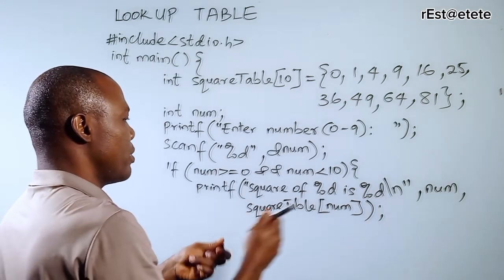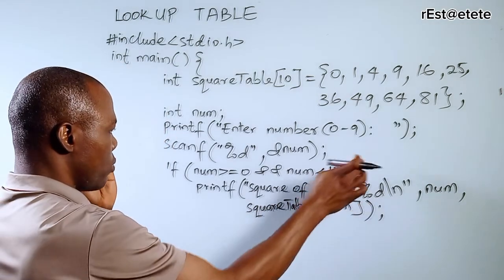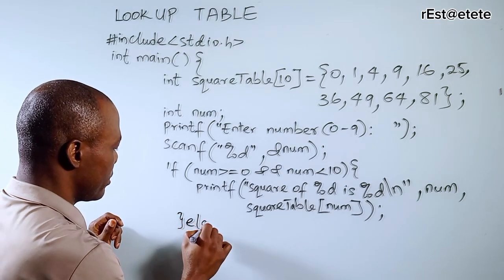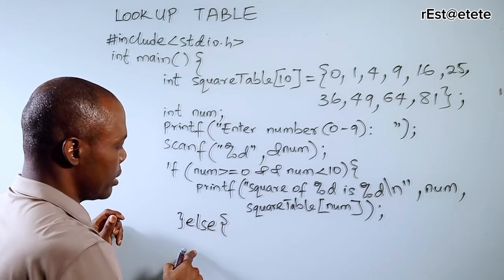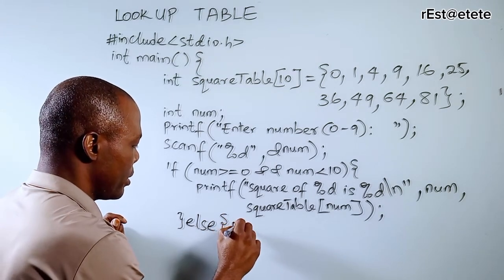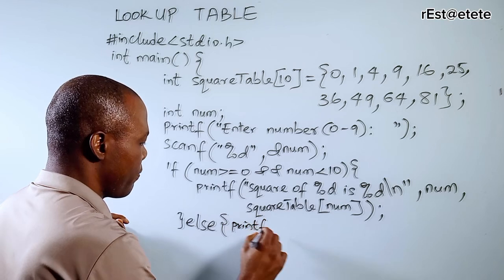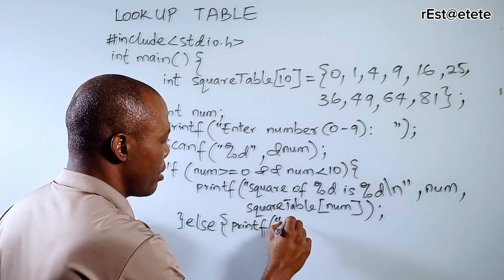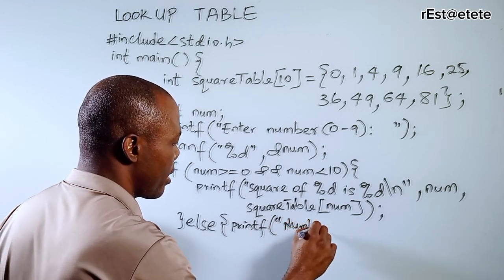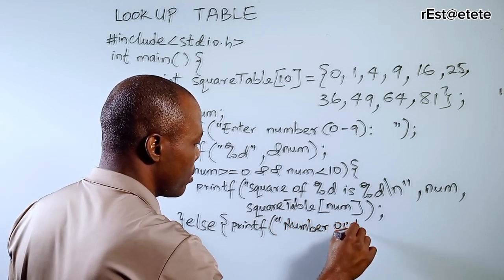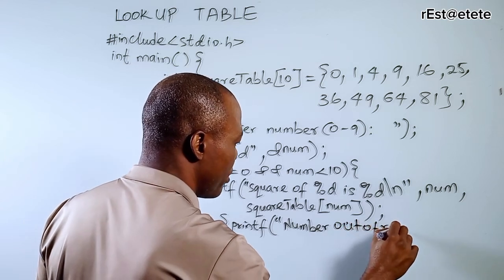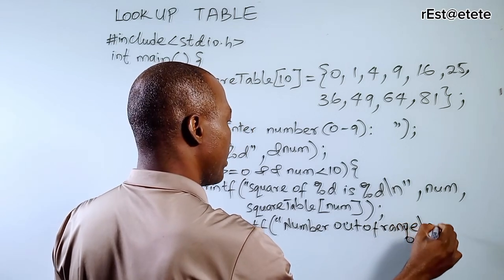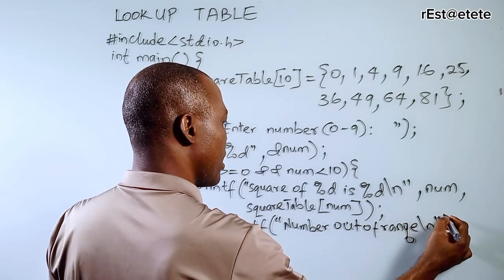Else, I want to bring in my else statement. So this one, I will close it. I will close my if here. Else, I will also put this in curly brackets. Printf number out of range slash n, right?